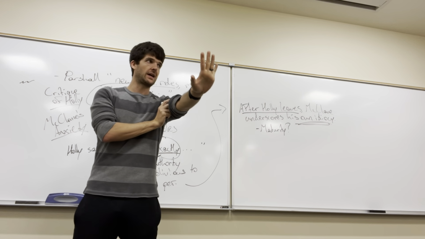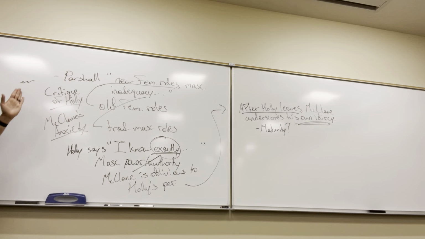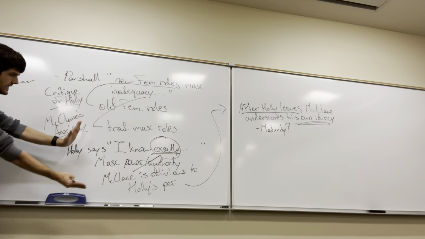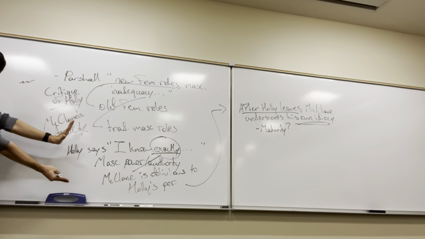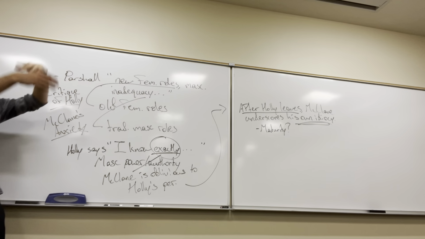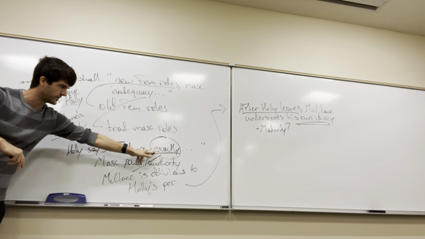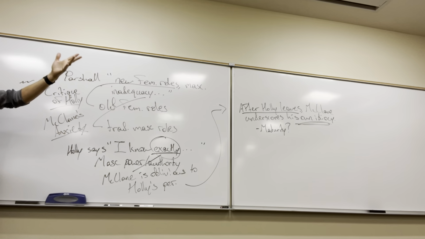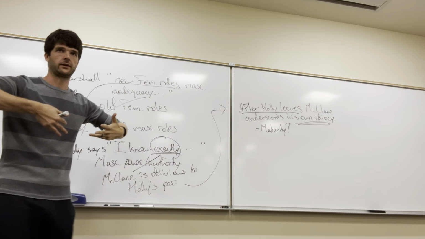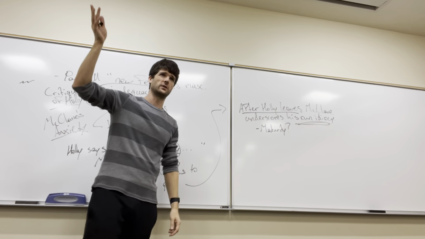So to backtrack real quick, what we started to say is that this is the issue: she wants one thing, he wants another. He can't even comprehend her position on the whole thing, right? It's so antithetical to his worldview.